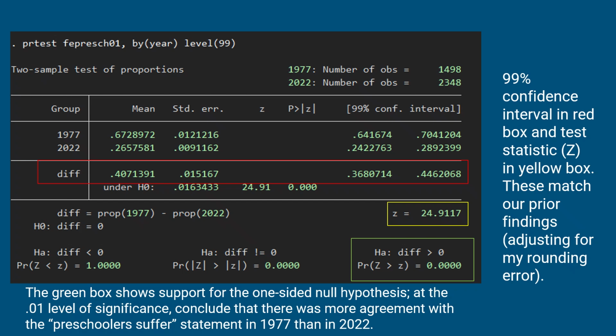The value of z that is obtained is 24.91. When we did this earlier, I got a value of 25, and I think that's just because I had rounded the proportions, so this value of z is a little more precise. And the green box shows us that for this one-sided hypothesis test, we can pretty definitively reject the null hypothesis.